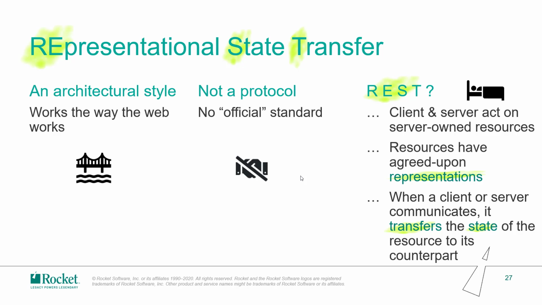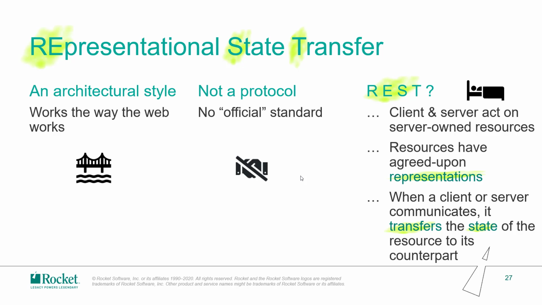A representation in a web API might be that the resource is encoded in JSON or XML. In the case of a more traditional web server, then the representation might be an HTML page. But the point is, the resources can have different representations, and the client and server agree upon what those representations are.